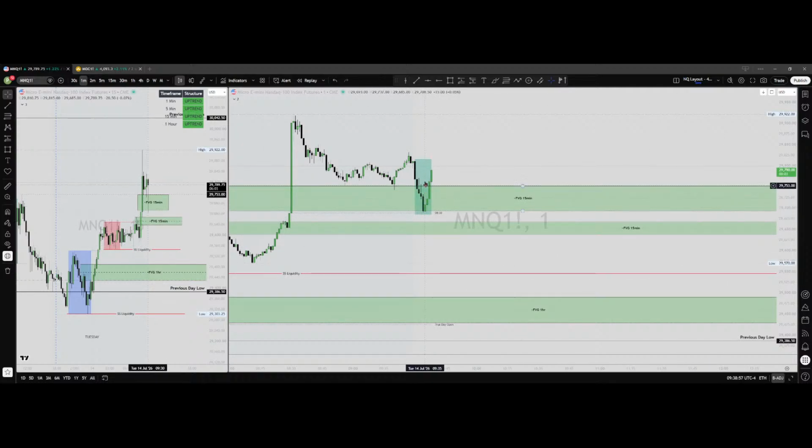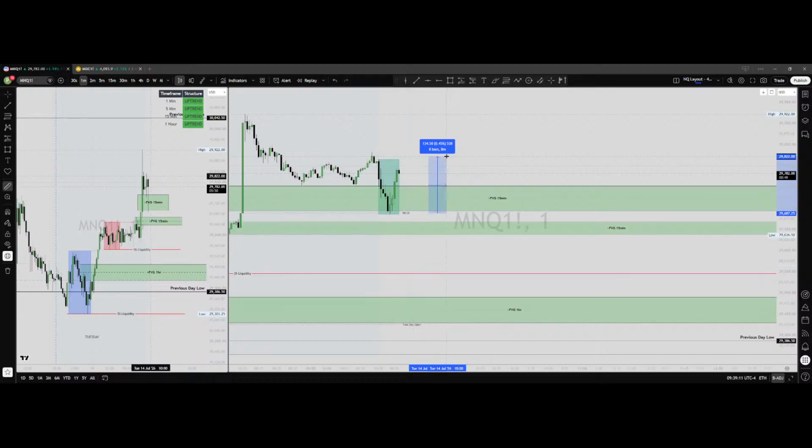This was a good V-shaped recovery, but it's a lot of points, 106 points. Even if you want to take a trade, it will be like 134 points, as this will form a breaker block.